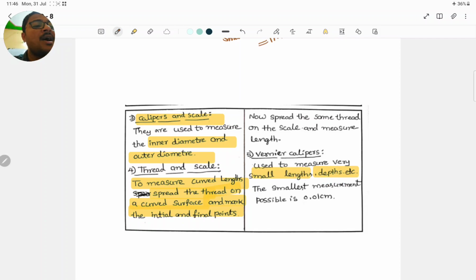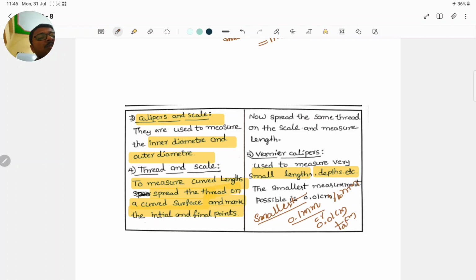The smallest possible measurement here is 0.1 millimeter, or 0.01 centimeter. 0.1 millimeter means 1 by 10 millimeter, or 1 by 100 centimeter.